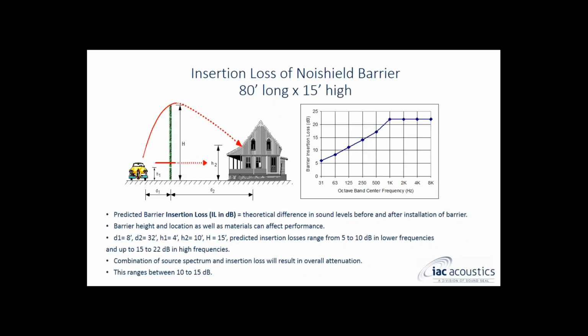Now, as an example of a barrier screen system, if we looked at a 15-foot tall barrier, 8 feet from the source and 32 feet from the receiver, and we assume that the source is about 4 feet above grade and the receiver is 10 feet above grade, maybe they're on the second story of that building, and the barrier height is 15 feet, we can come up with some rough estimates for the performance of the barrier by frequency.